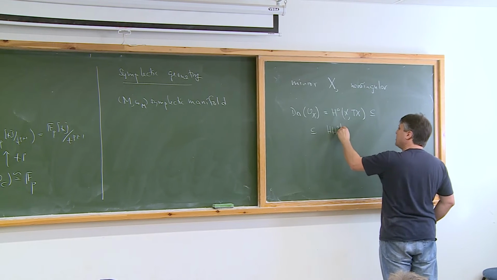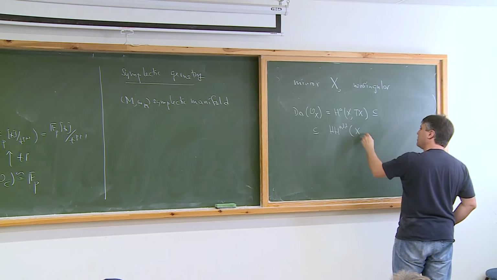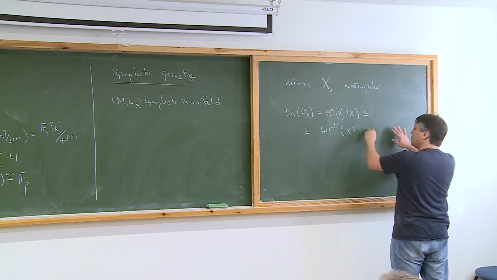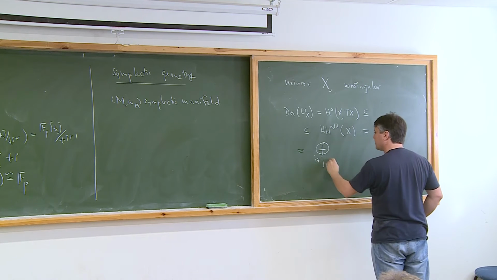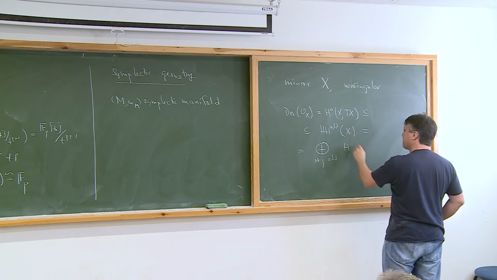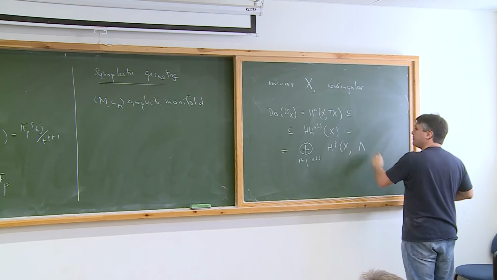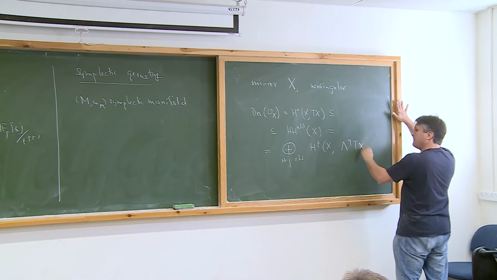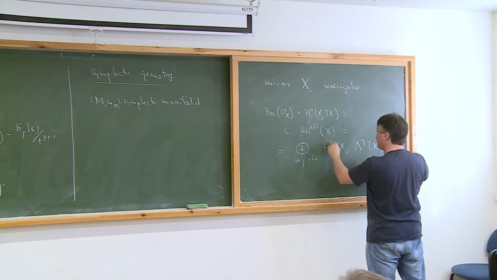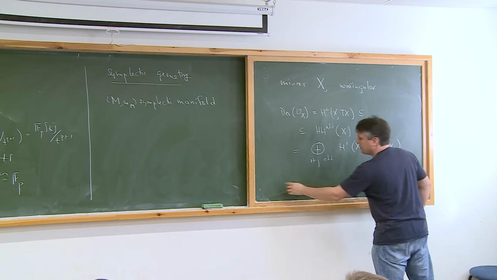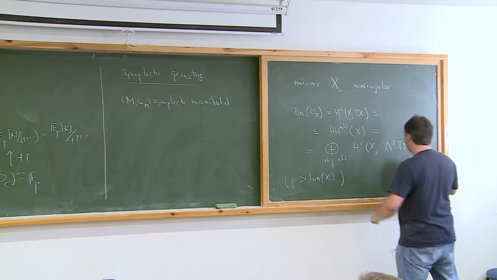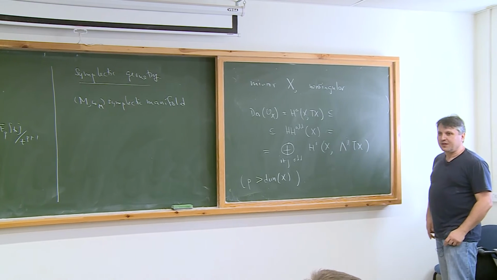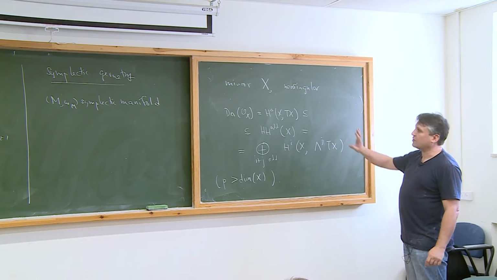what I would call the odd part of the Hochschild homology of X, which is the direct sum of the exterior powers of the tangent bundle. And here I'm assuming that p is bigger than the dimension of X, otherwise I just wrote down a horrible thing. Okay? p is the characteristic of the coefficient field.